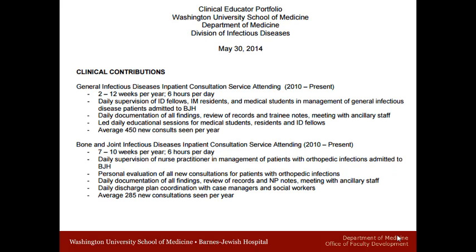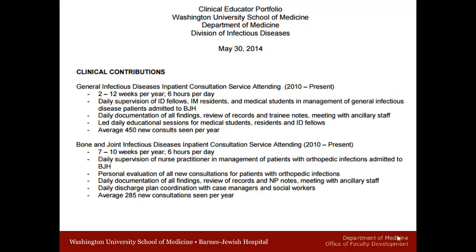All right. So this is an example of the CEP under clinical contributions. On your CV, it may just say simply general infectious disease inpatient consult attending, but on the CEP, it gives the opportunity to actually say it's 2 to 12 weeks per year, 6 hours per day. So it shows your time commitment to this activity.